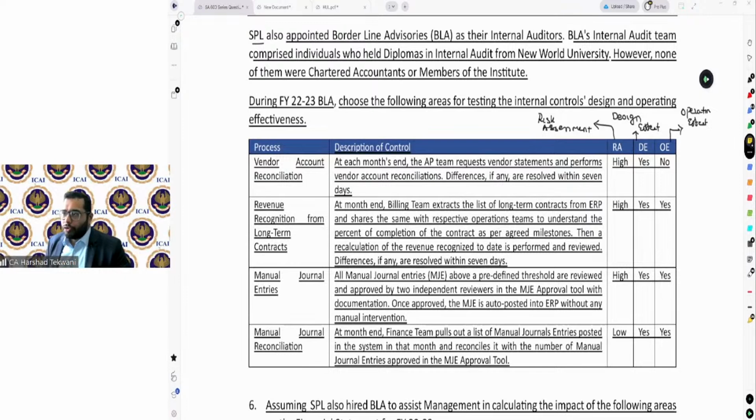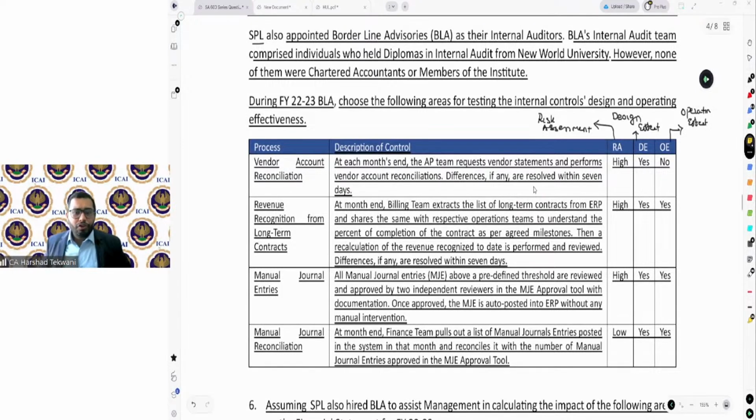Okay. So, if I want to rely upon the work performed by internal auditor, I directly cannot rely. I cannot just rely upon it because they have performed the work. Before I even plan to rely upon the work of internal auditor, I need to make sure of a few things.